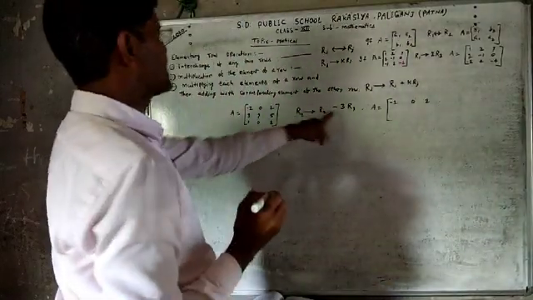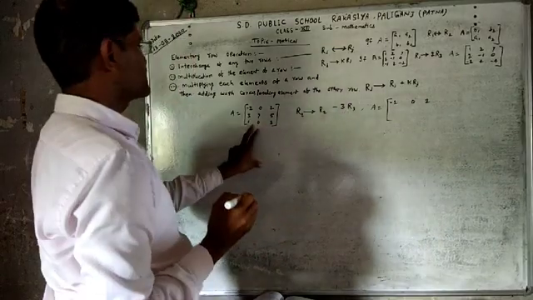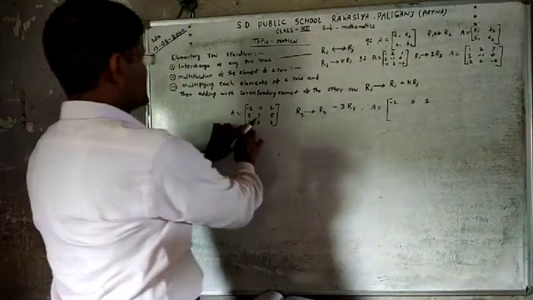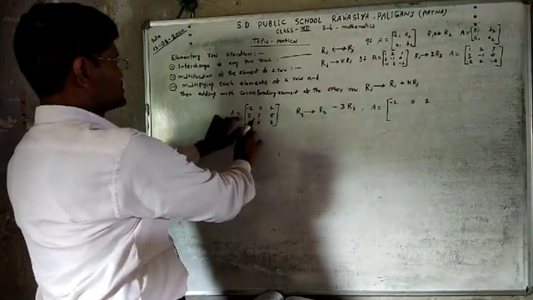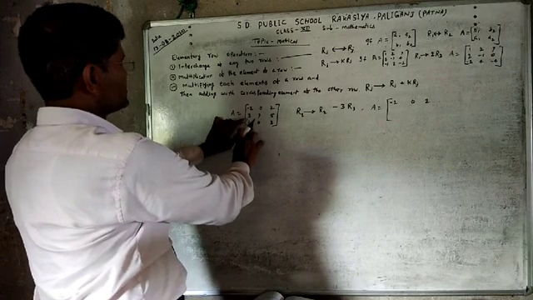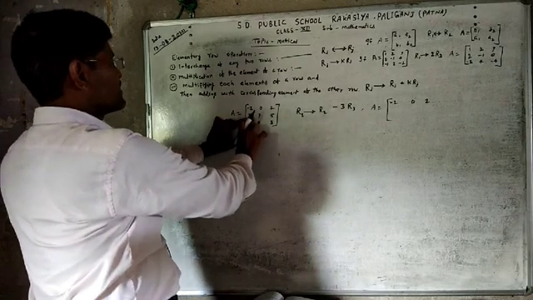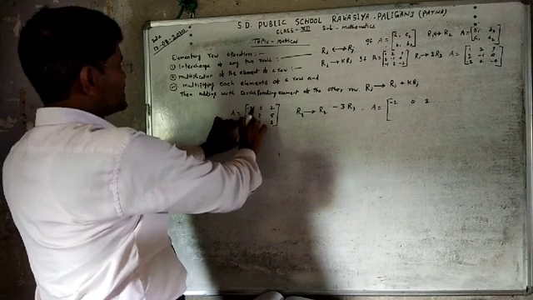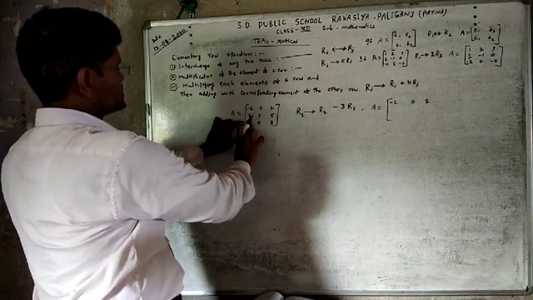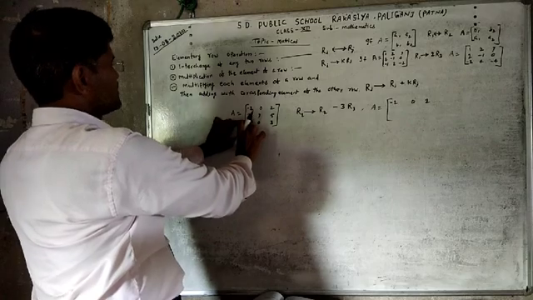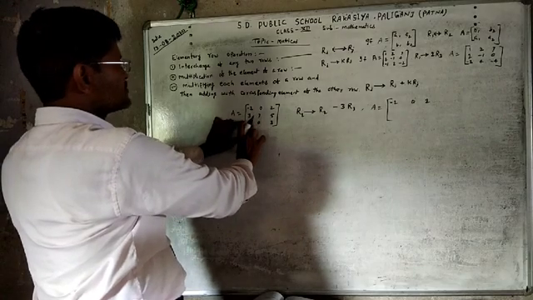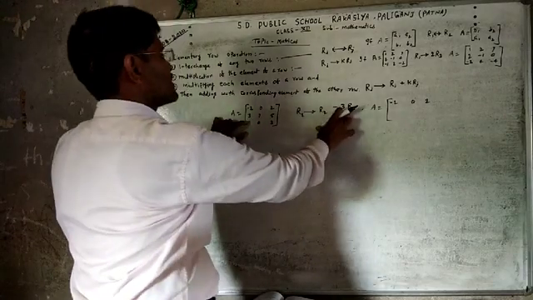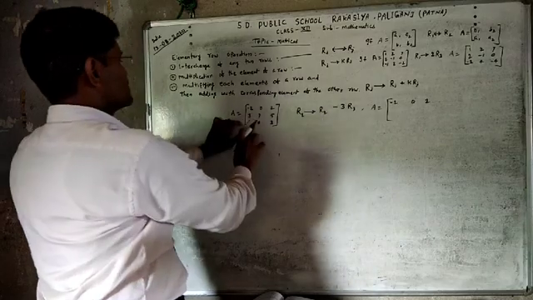If we multiply every element of R3 by 3, then 1 into 3 is 3, and then we subtract it from the second row; the first element of the second row is subtracted by 1 into 3.